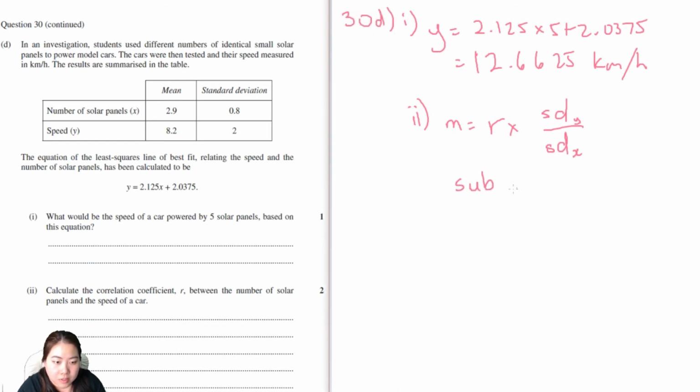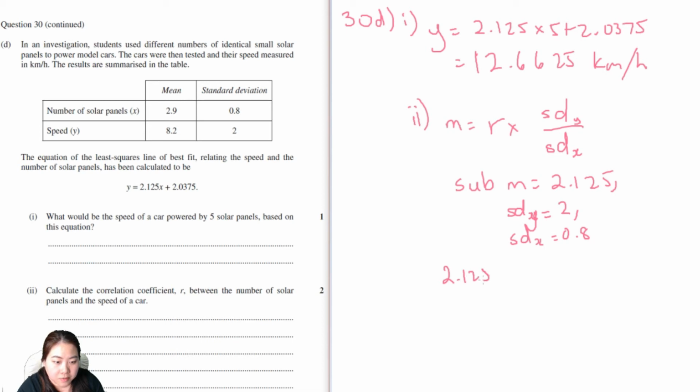So we need to substitute the gradient, which is 2.125. We need to substitute the standard deviation of the y, which is 2, and standard deviation of the x, which is 0.8.